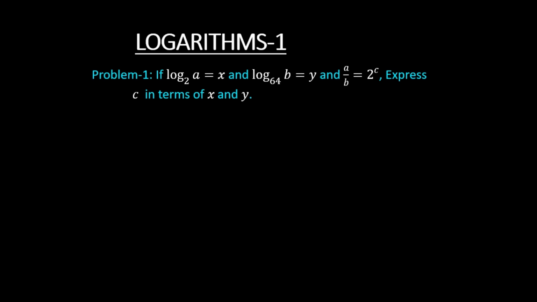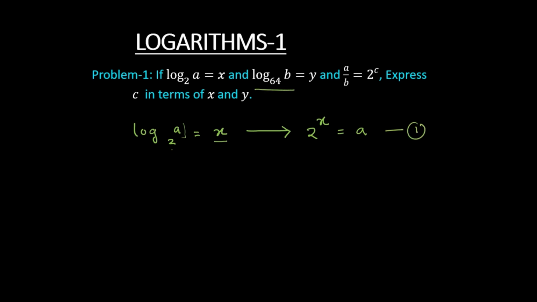From the given equation I can write log of a base 2 equals x. The exponential form of this will be 2 raised to the power x equals a. The base raised to the power of the answer will be equal to the input of the logarithm. You can consider this as equation 1.